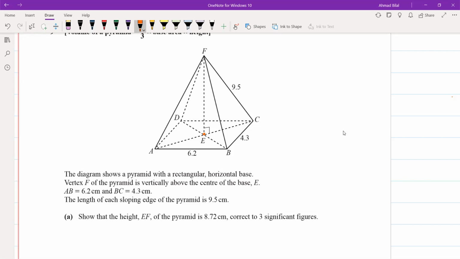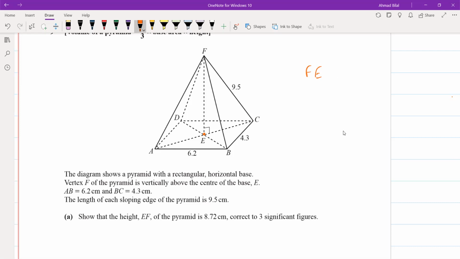So FE के साथ जितने भी एंगल्स बनेंगे, so FED कह लें आप, right? FEA, FEC, FEB, all of these angles are 90 degrees. FE के साथ जो भी एंगल्स बनेंगे वो सारे 90 होंगे, ठीक है?